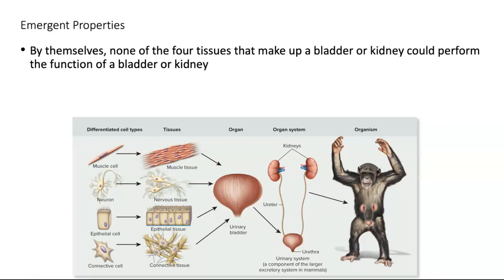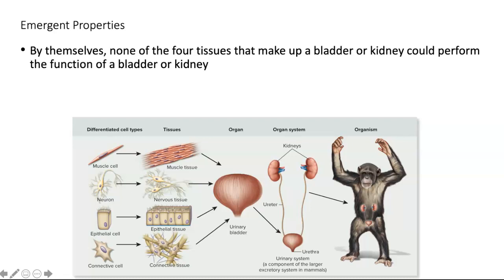Right, so by themselves, none of the individual tissues that make up a bladder or make up a kidney can actually do the whole function of a kidney. If we slow down and think about the tissues that make up our organ, here we have 4 different types of cells: muscle cell, neuron, epithelial, and connective cell.